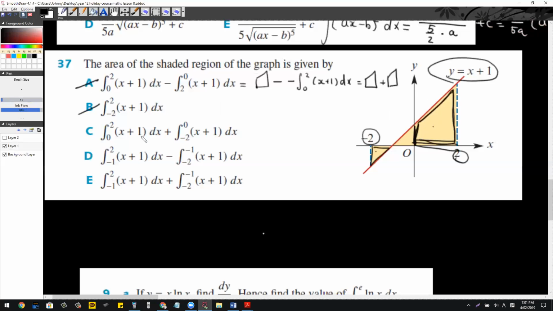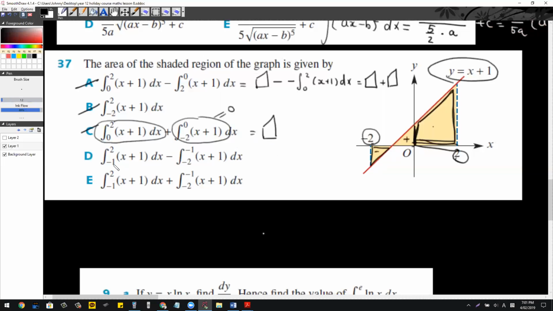So obviously that's wrong. 0 to 2 again, and then -2 to 0. So this one here is going to be 0, because if you integrate from -2 to 0, this area and this area will cancel out. And this one over here is going to be that trapezoid, just one of it. D, so that's wrong.